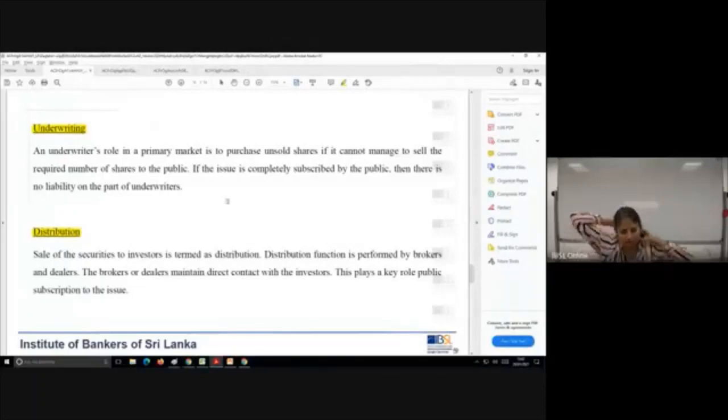Then you have underwriting. So now all these people have analyzed it, they have decided it, and they might come up to the share issue. Now, if this company is a very well-known company, let's say a company like John Keells before it got listed, where everyone knew about the company so well, if that entity is coming for a share issue, then no problem.